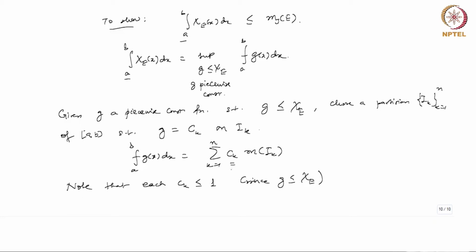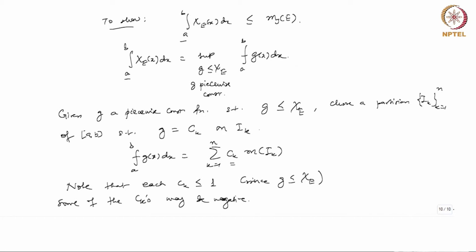Also some of the c_k's may be negative. So I will only consider those c_k's which are positive in this sum and then bound it above by 1.